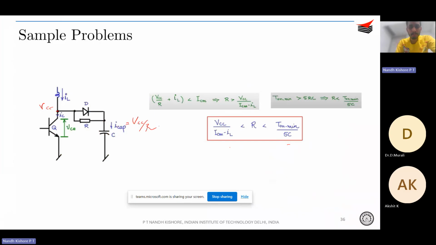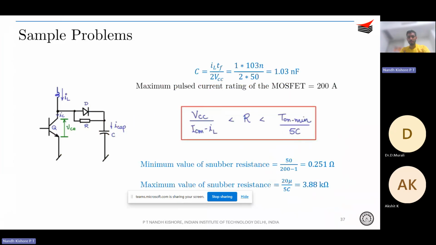So that should be based on the rating of your maximal device rating ICM. You can find what is ICM from the device data sheet. Okay, from data sheet you can find what is ICM. Okay, so yeah. So the point is, of course, C is equal to IL into TF by 2 VCC. That can be determined directly.